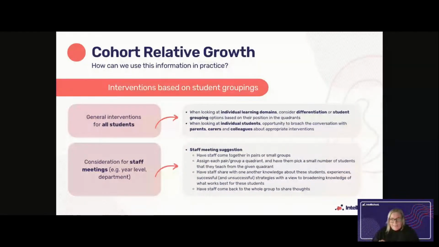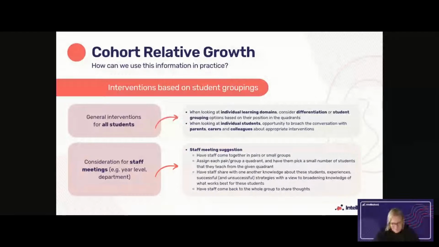And then also opportunities to group them up together where appropriate for different activities. And then when you are looking into individual students in that exploded view, it's an opportunity to broach conversation with parents, carers, colleagues about those interventions to get on the front foot as soon as we can.